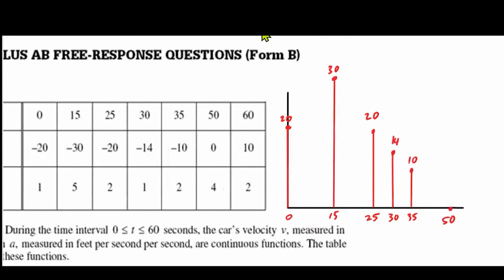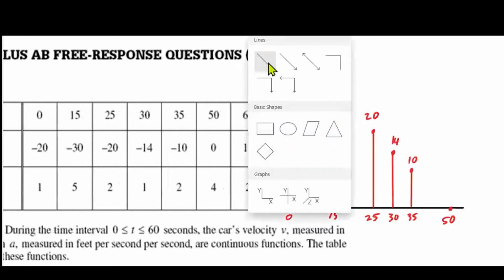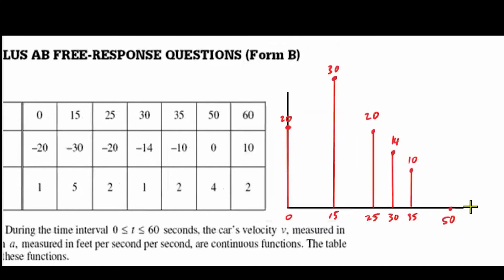It ran out of space, but it's okay. I think I can. 60 is about here. And back up to 10. Okay. So this is 60, and this is back up to 10.